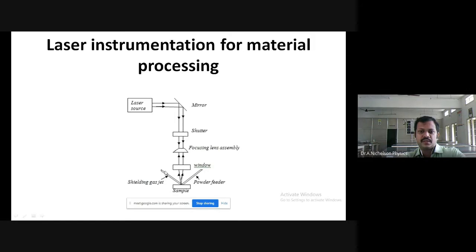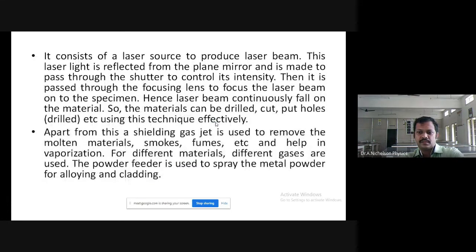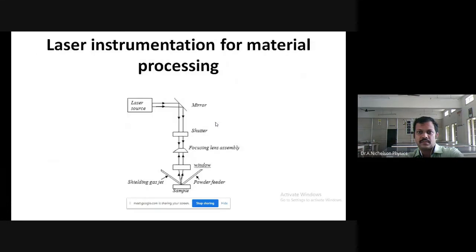Okay, so you have two things, that is shielding gas jet and powder feeder. So let me explain in detail. Okay, so these things are very simple. The mirror is used to reflect the laser beam, and the shutter allows the laser beam to pass through.